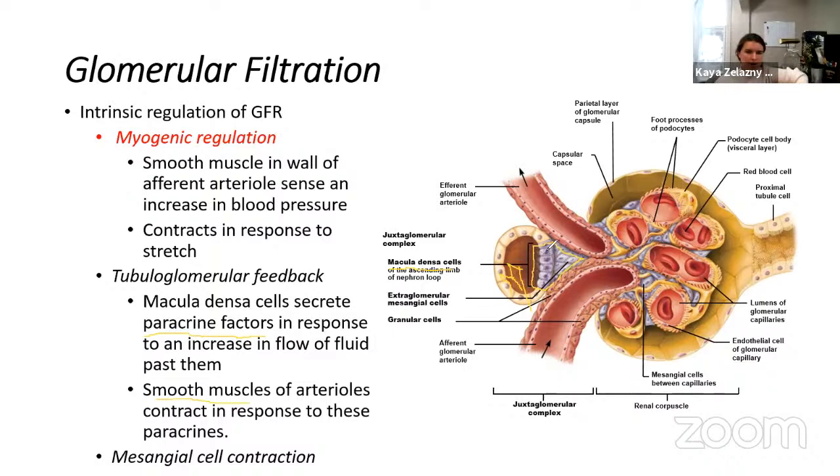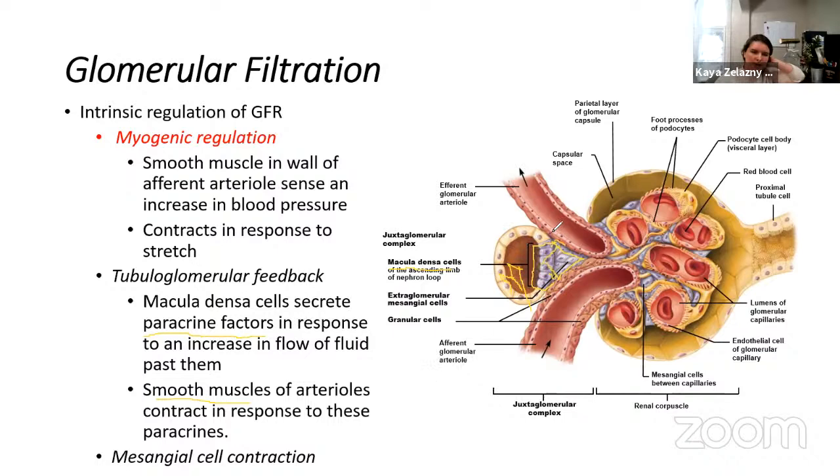You can see that they're nestled here between our efferent and afferent glomerular arterioles. So they're going to be sending out paracrine factors that affect the smooth muscle in both of them, and they're going to create constriction in these arterioles.